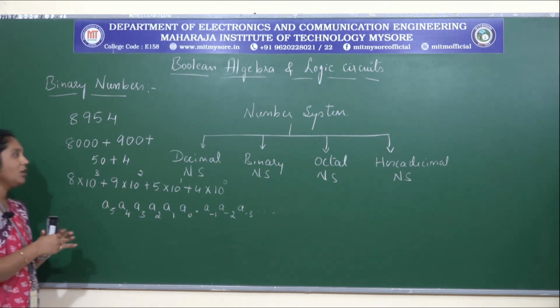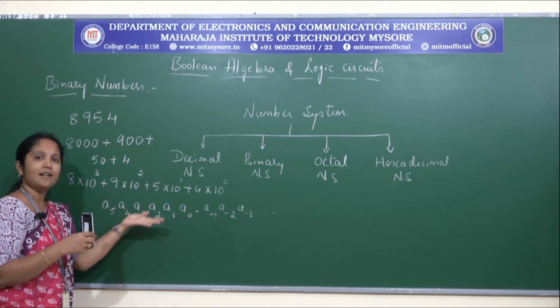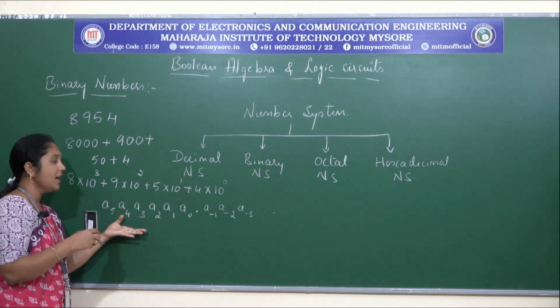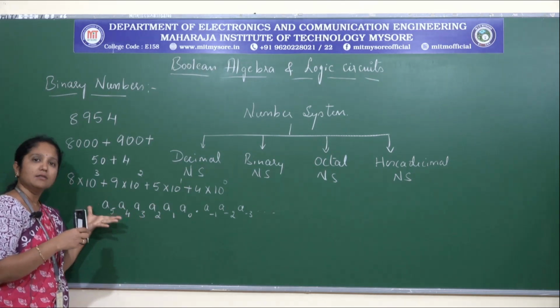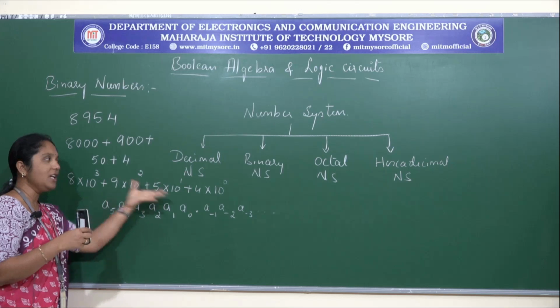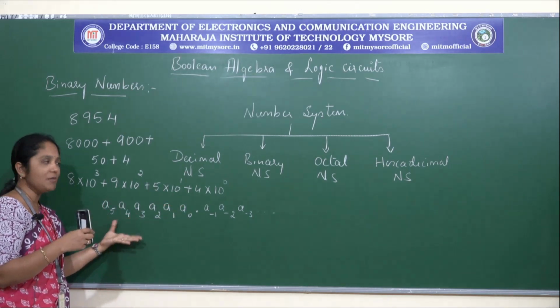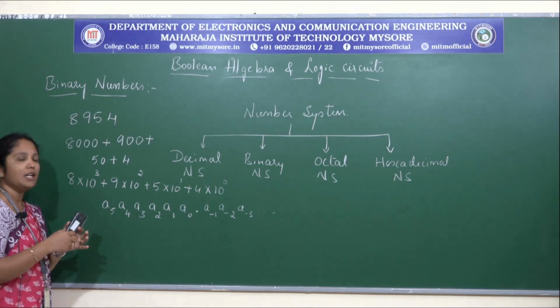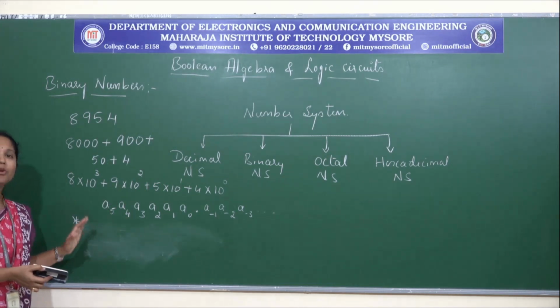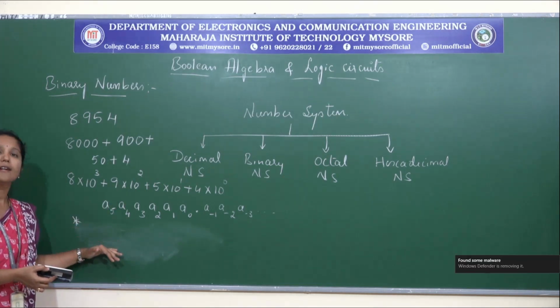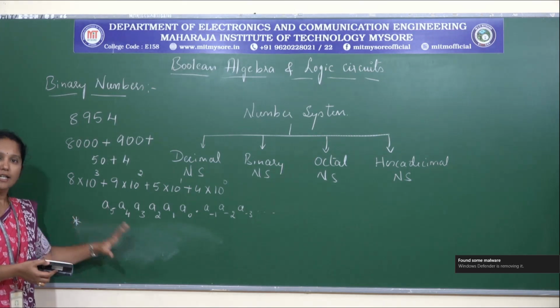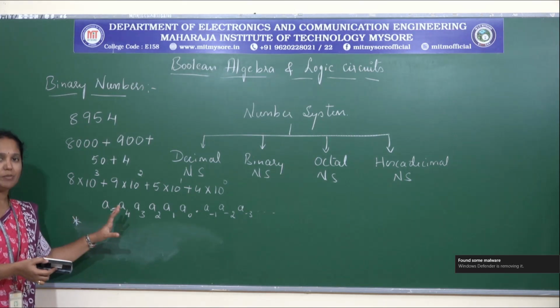Now, coming to the binary, as I said, let us generalize and represent a general equation for any number system. How to represent a number in any number system? Later we will consider the binary. Now let us generalize and represent the equation for any number system.